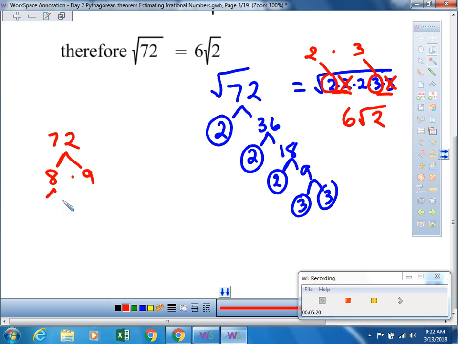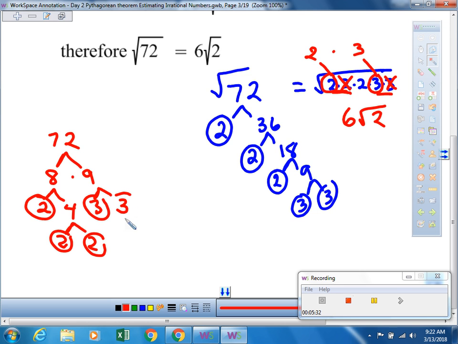And then you said, well, I can still factor those. 2 times 4, I'm going to circle that. And then 2 times 2. And then this would be 3 times 3. So here are all my equal factors. Either way I split it up, I get the same thing.